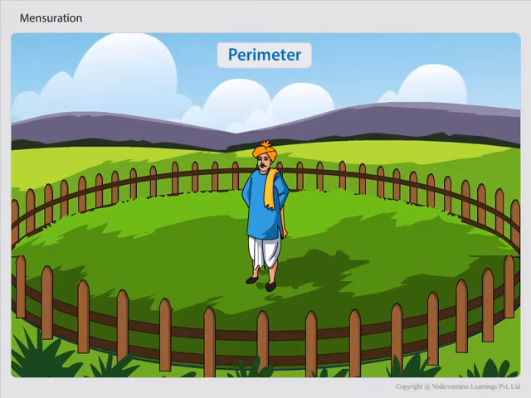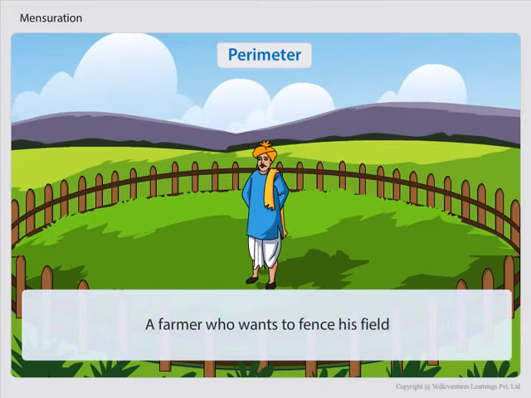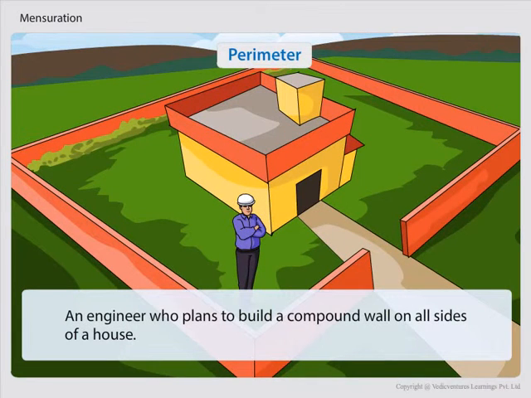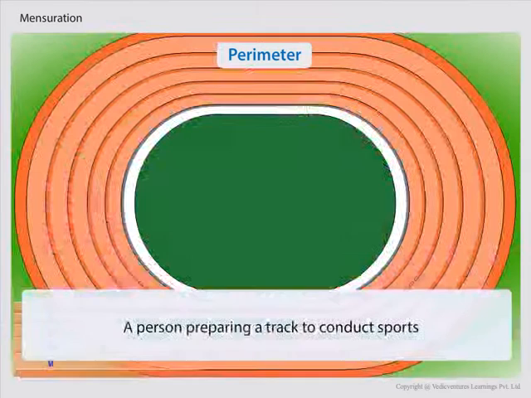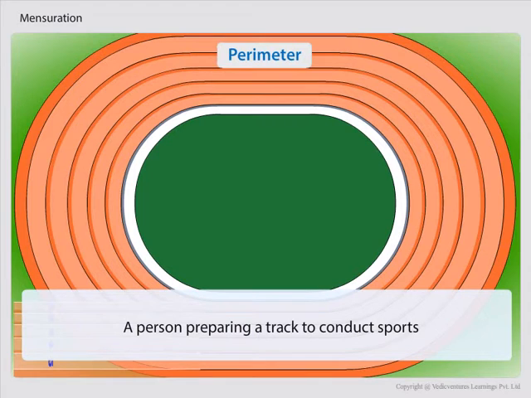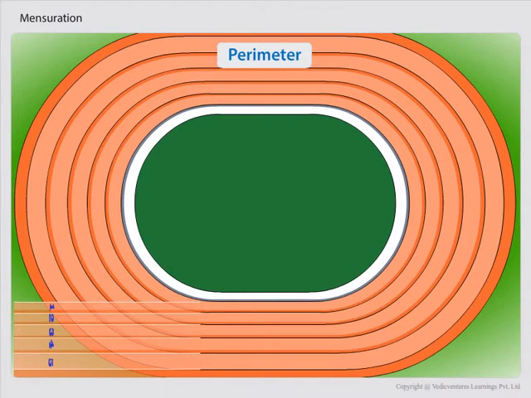The idea of perimeter is widely used in our daily life, such as a farmer who wants to fence his field, an engineer who plans to build a compound wall on all sides of a house, a person preparing a track to conduct sports, etc. All these people use the idea of perimeter.